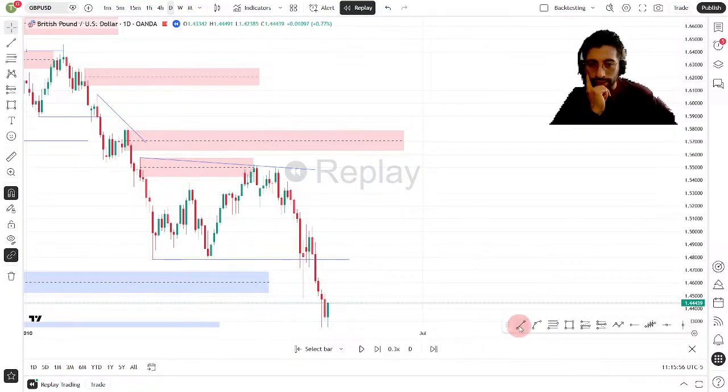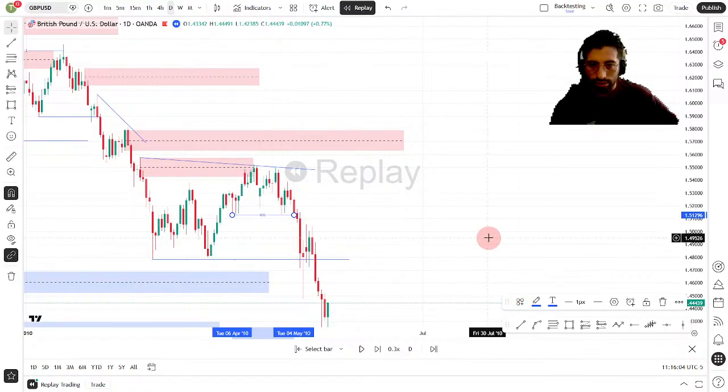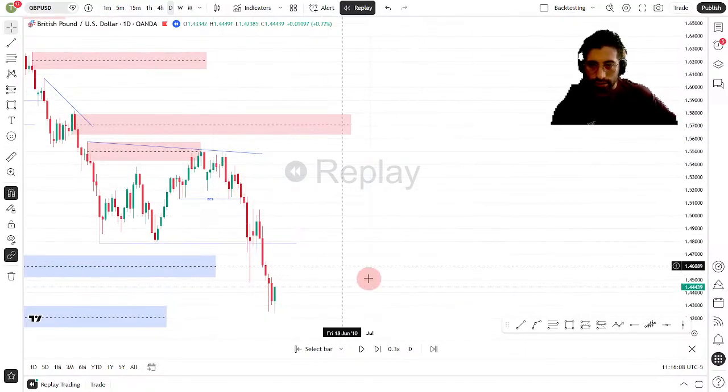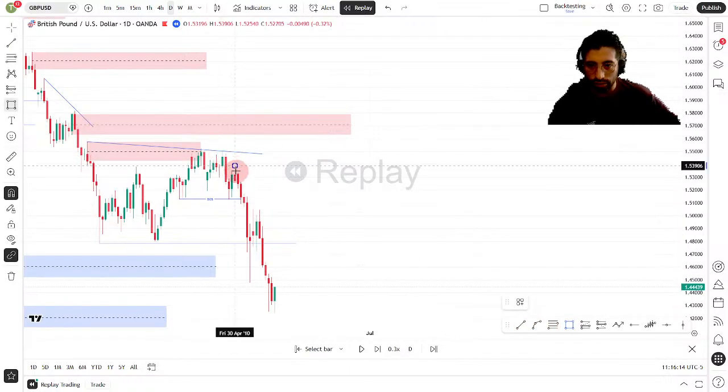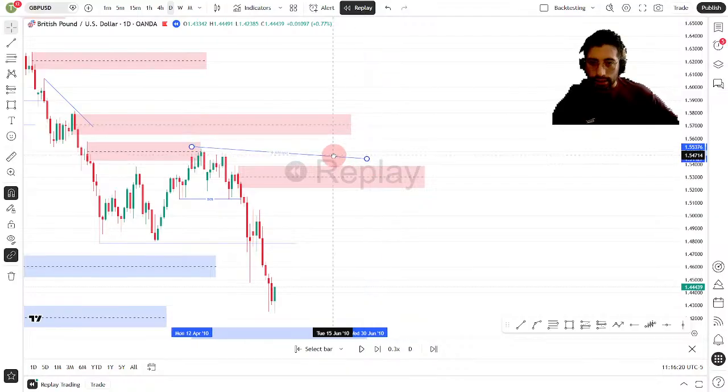Now it made a break of the structure with a body of the candle. And after this body of the candle breakage, it continued with the downtrend. Right, so now this will confirm a new range beginning because this is following our pattern confirmation. Excellent, let's keep moving.